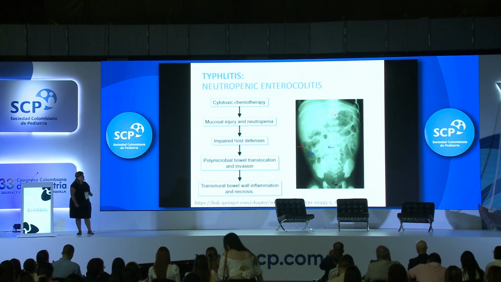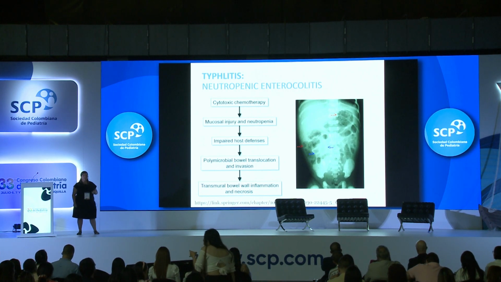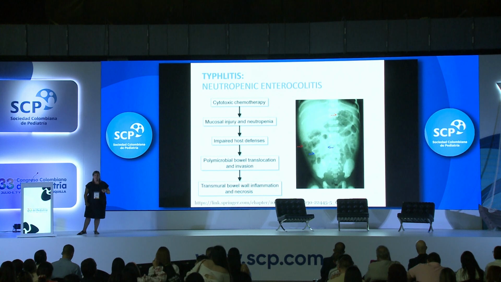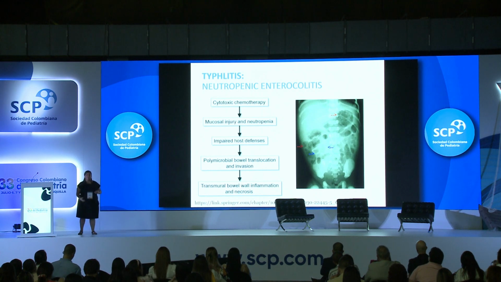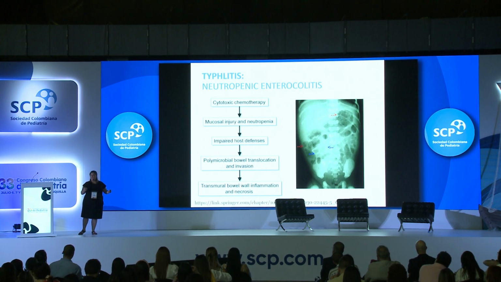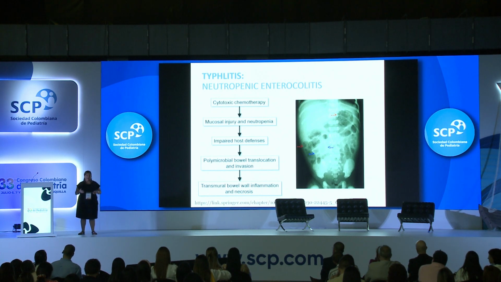So typhlitis is one category of this. Typhlitis is also known as neutropenic enterocolitis. And the pathophysiology of this is that we give cytotoxic chemotherapy to kill the cancer. This then causes mucosal injury and neutropenia simultaneously. Both of those things impair the host defense, and then this can lead to polymicrobial bowel translocation and invasion.